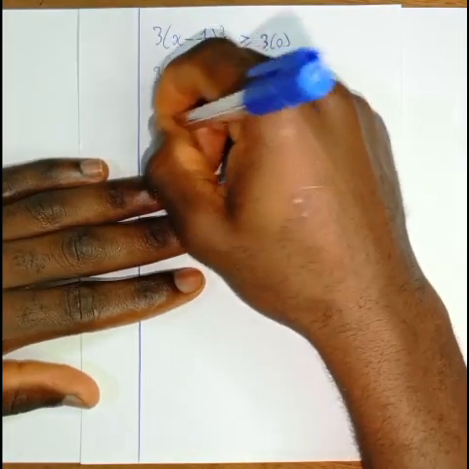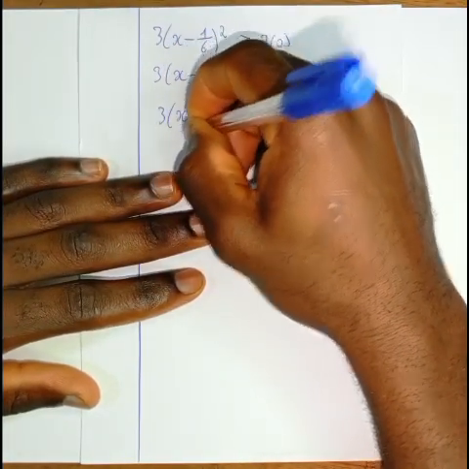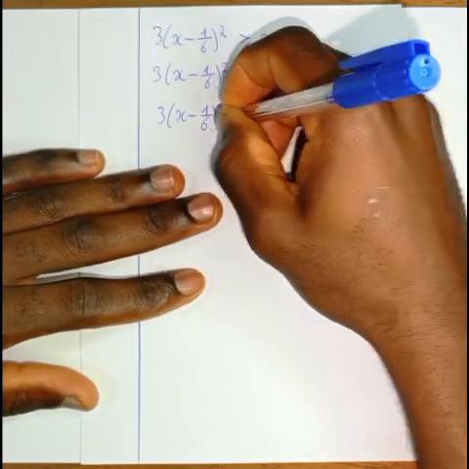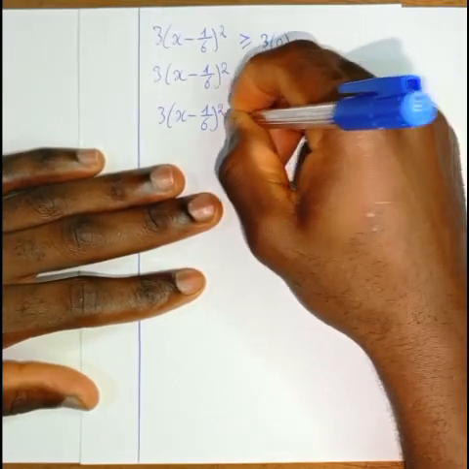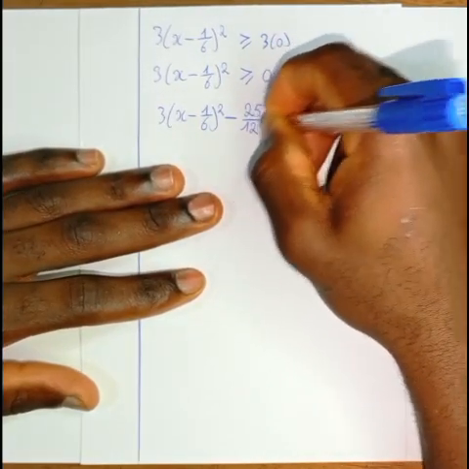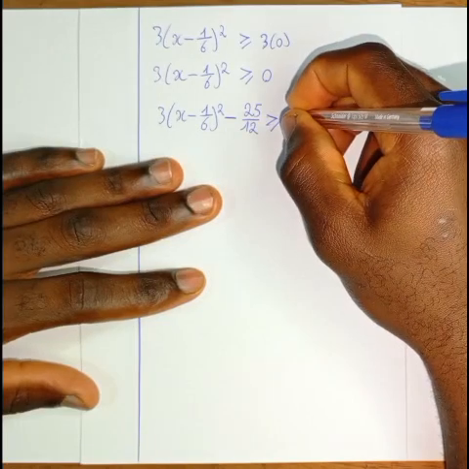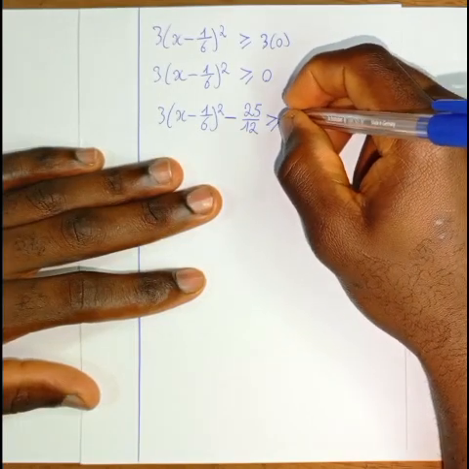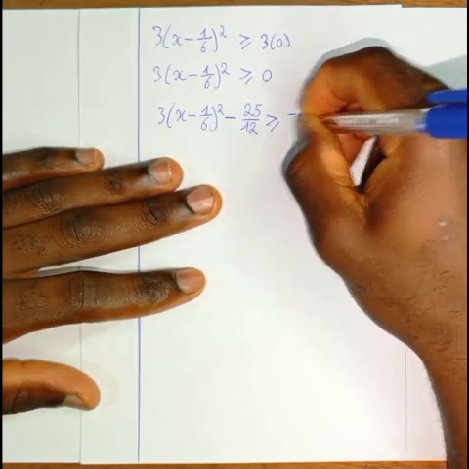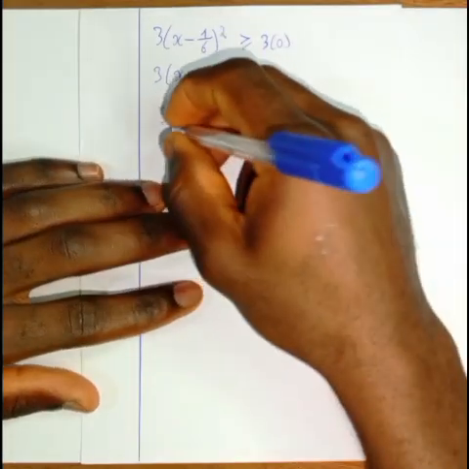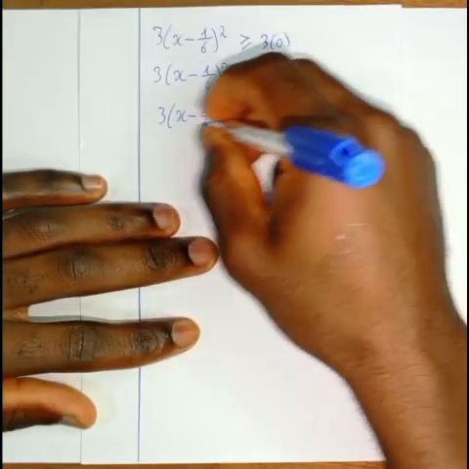This will give us 3 times x minus 1/6 squared minus 25/12 is greater than or equal to 0 plus negative 25/12, which gives us negative 25/12. We know that this is simply y.